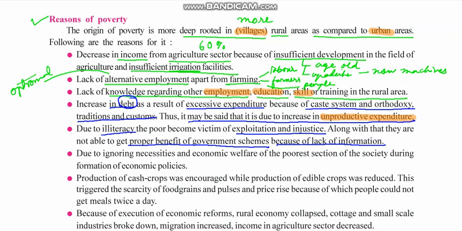Next is ignoring the necessities and economic welfare of the poorest section of society during the formation of economic policies. Now we know that the government has been implementing 5-year plans after independence, and most of the time the poorest or weakest section of society was ignored for a very long time.